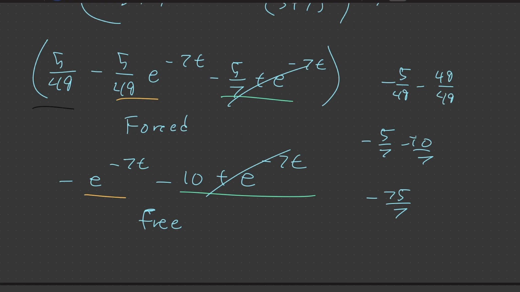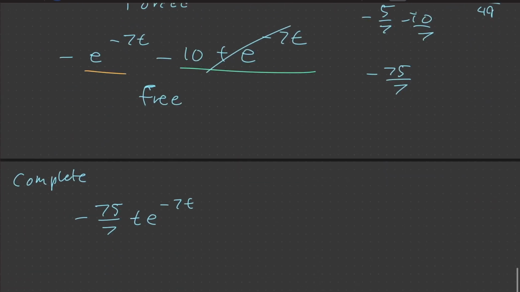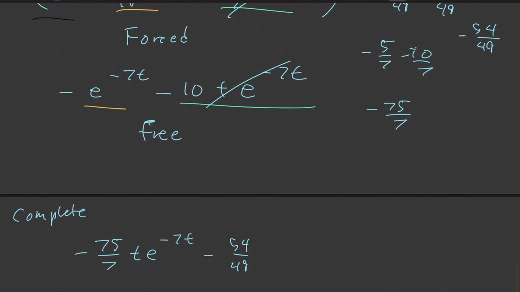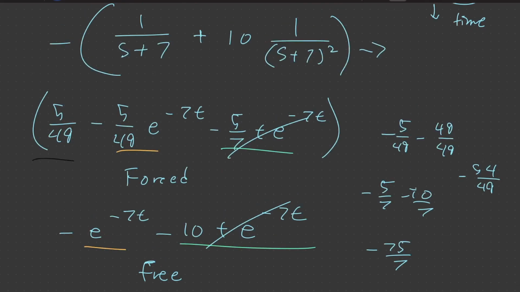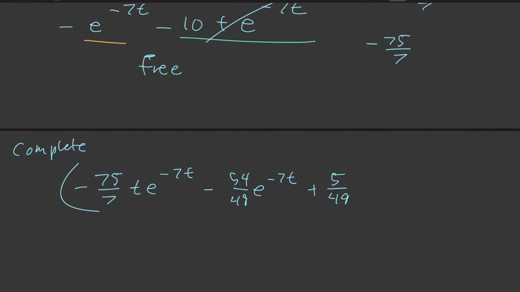Okay, so this will get us negative 54 over 49 e to the negative 7t. Okay. And then lastly is our constant at the very end, 5 over 49. Okay. That'll be our complete response.